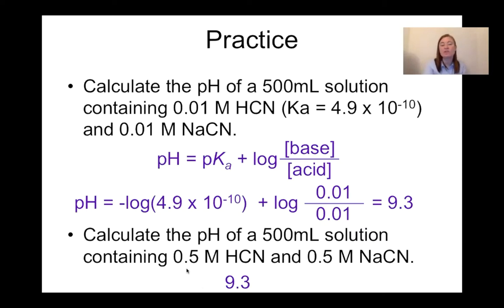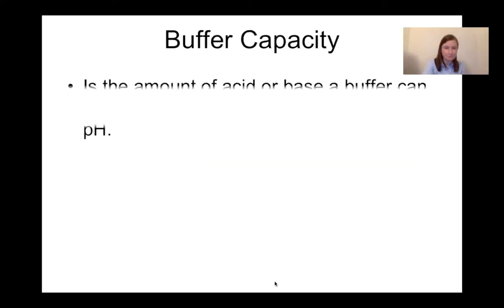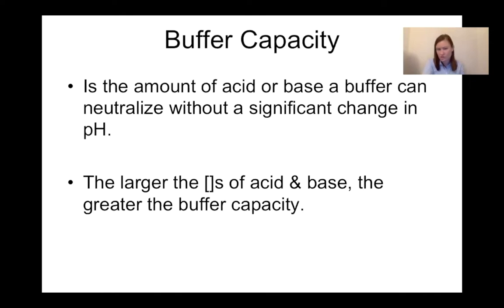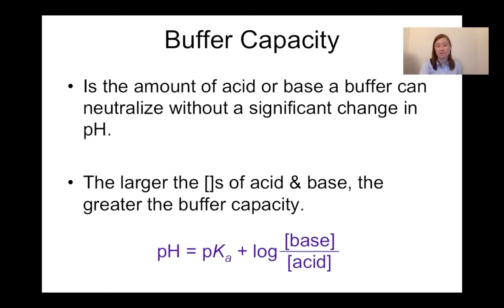In this situation, because I have larger amounts of acid and base, just stoichiometrically, this buffer can handle larger amounts of strong acid and strong base being added to it. So the larger the concentrations, the greater your buffer capacity, the greater the amount of acid or base that you'll be able to add without noticeably changing the pH.